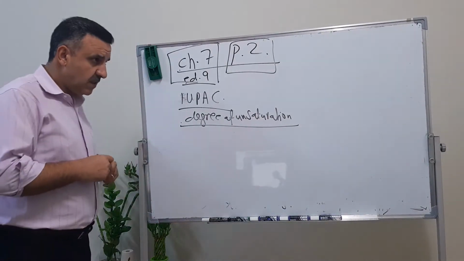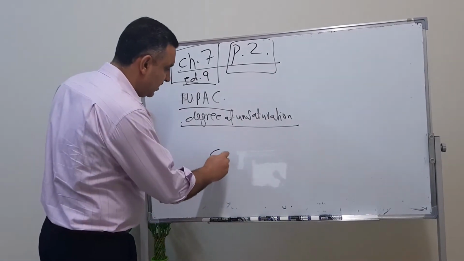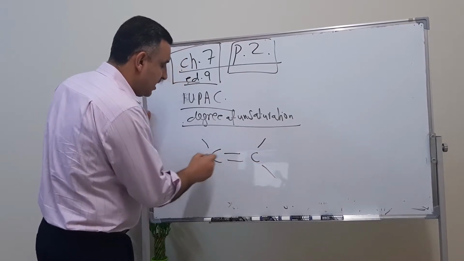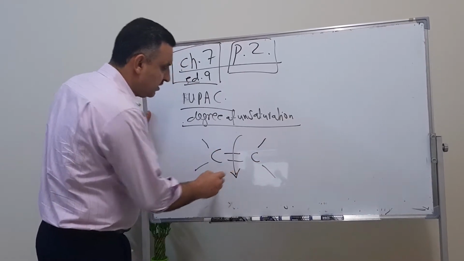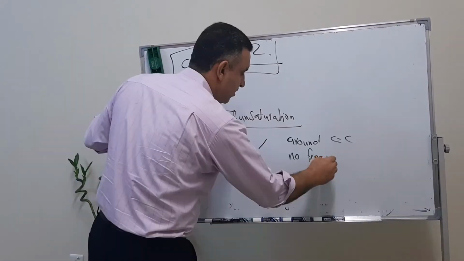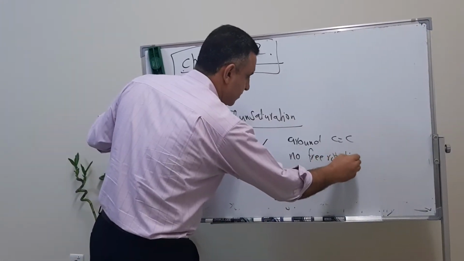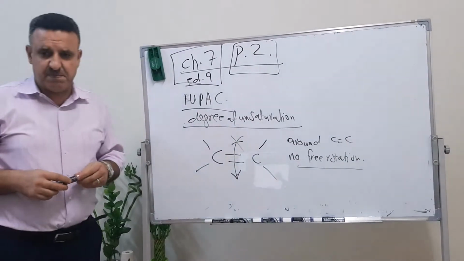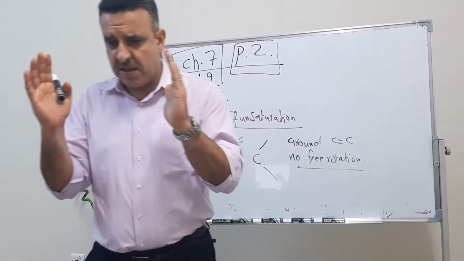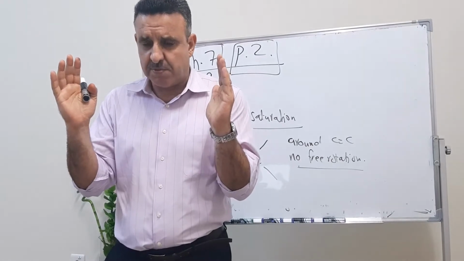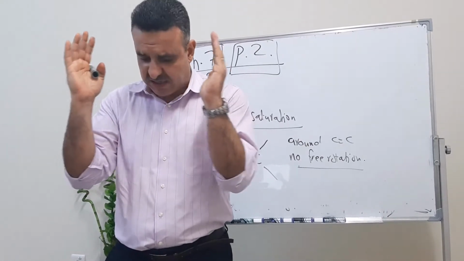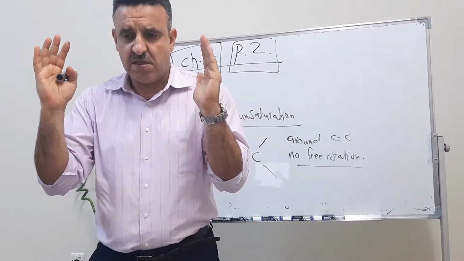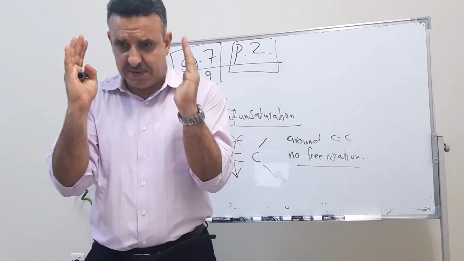Now, we have discussed previously some properties of the carbon double bond carbon, and we said around carbon double bond carbon there is no free rotation. Simply, as we explained, the carbon double bond carbon contains the pi bond, which is the interaction of two parallel p orbitals.